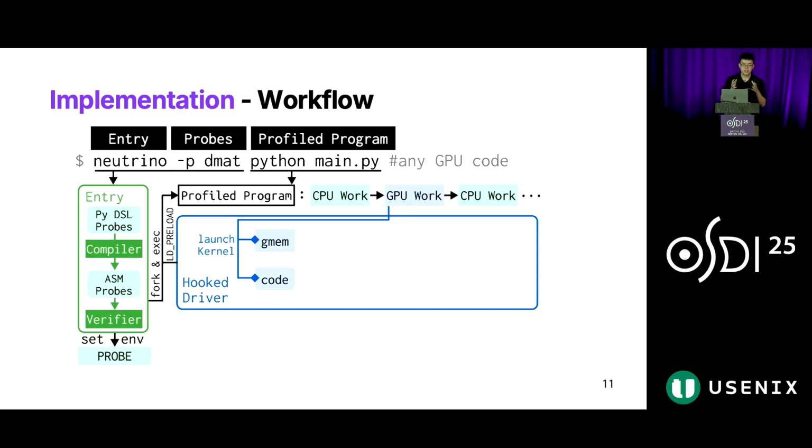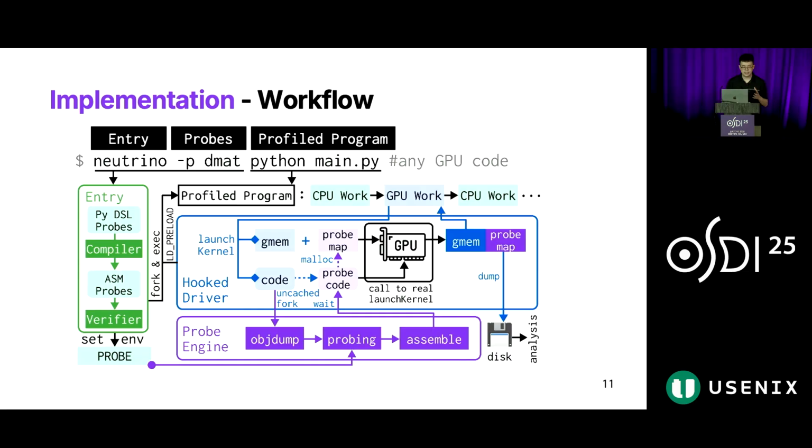The hook driver will continuously capture the GPU workloads, particularly the memories and the code, to launch the kernels. For every unseen code, it will launch the probe engine to do the probing and assemble it back to machine code to launch on a real GPU. After execution, the hook driver will dump the traces to the disk and give control back to the user program.